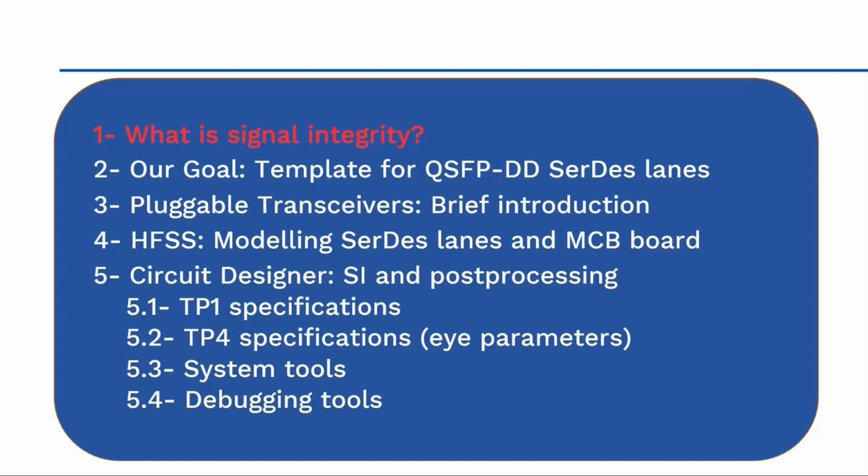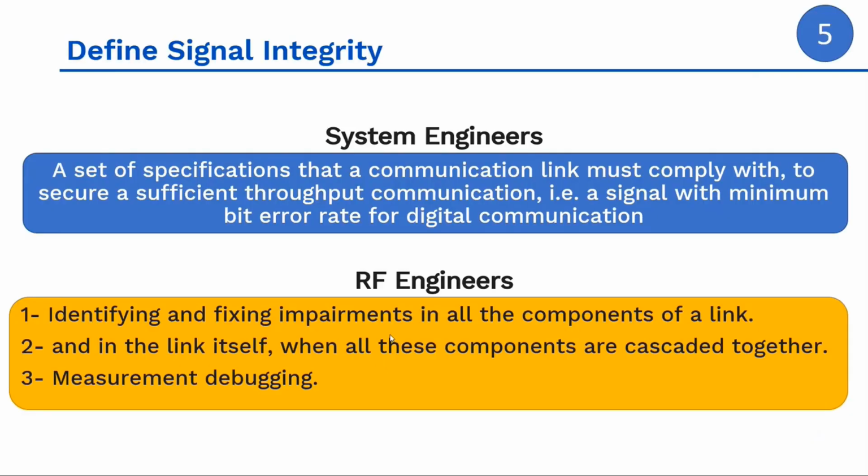For system engineers, it's a set of specifications that must be met by a communication link or a section of a communication link in order for there to be sufficient communication throughput. This is what we call a signal with a low bit error rate, if we are, of course, talking about a digital communication link. That's all they care about, the specification and the bit error rate.